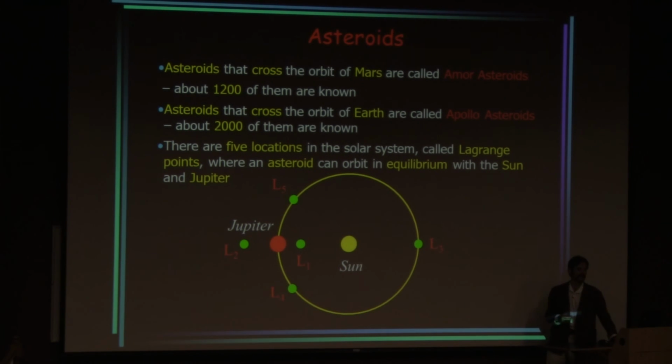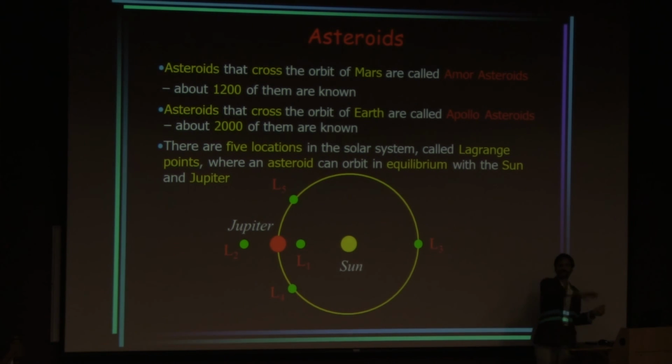The Amor asteroids play a similar role with Mars. They're the ones that cross Mars's orbit. Now, keep in mind that just because the orbit of an Amor asteroid crosses the orbit of Mars, that doesn't mean they're going to collide necessarily, because they both have to be at the same place at the same time, right?